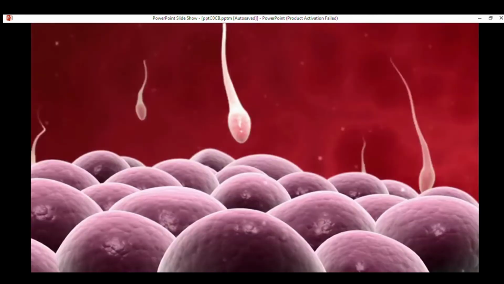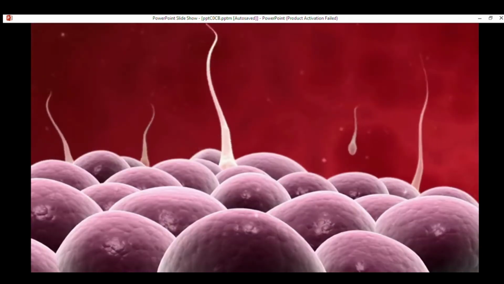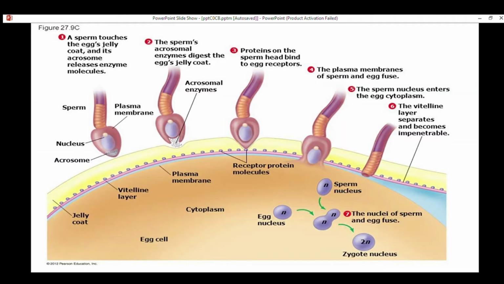Penetration of the zona pellucida is aided by the acrosomal enzymes, specifically acrosin. This is the egg, and this is the zona pellucida. Here the glycosyltransferases are located that attach with the sperm.